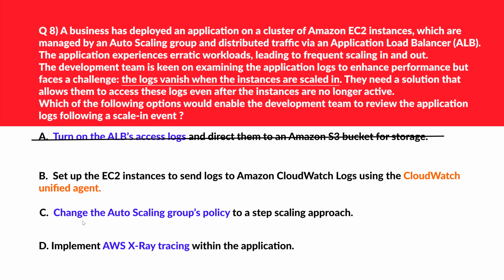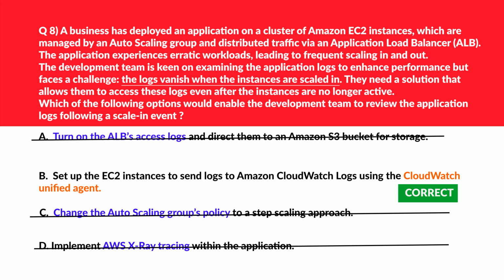We'll look at options C and D together. C says change the auto scaling group's policy to a step scaling approach. D says implement AWS X-Ray tracing within the application. So these options don't address the retention of the application logs after instances are terminated. That is what we require as per the question. So this is out. We'll log option B as the correct answer.